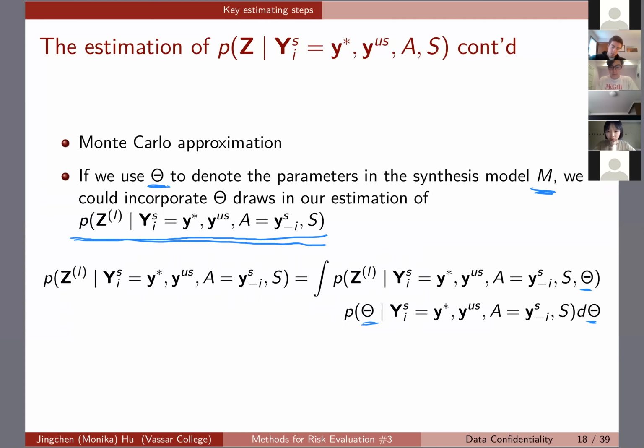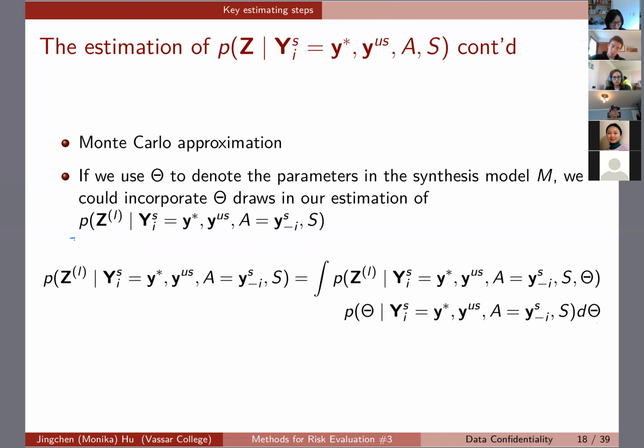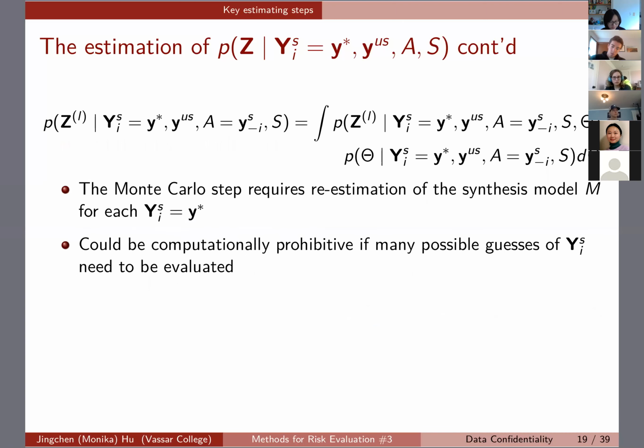But in practice, this is essentially Monte Carlo approximation. So you have the draws that you have from the model. You draw them, and then you put them into the estimation. And then mathematically, you do integration, you get the left-hand side. But in practice, it's Monte Carlo, meaning that we're doing it for a large number of times and getting it. Okay. All right.